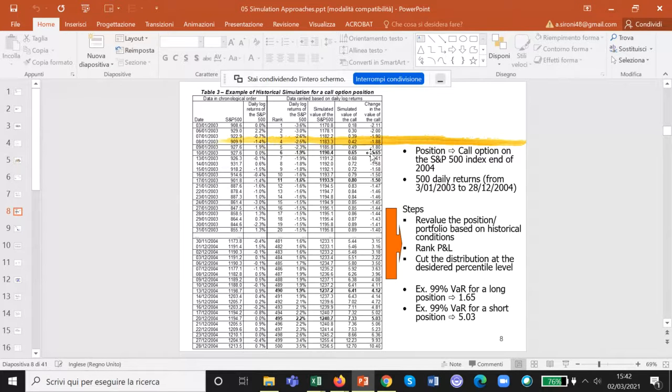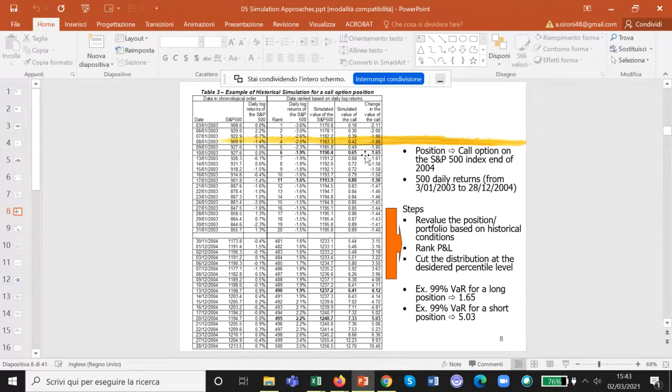I.e., I take the 6th worst return, which is 1.9% negative, and the loss of value of the call option would be 1.65. I would have lost more only 5 days out of 500, and 5 days out of 500 is exactly 1%, okay? So using this approach, I am basically cutting the distribution at the desired confidence level, okay?